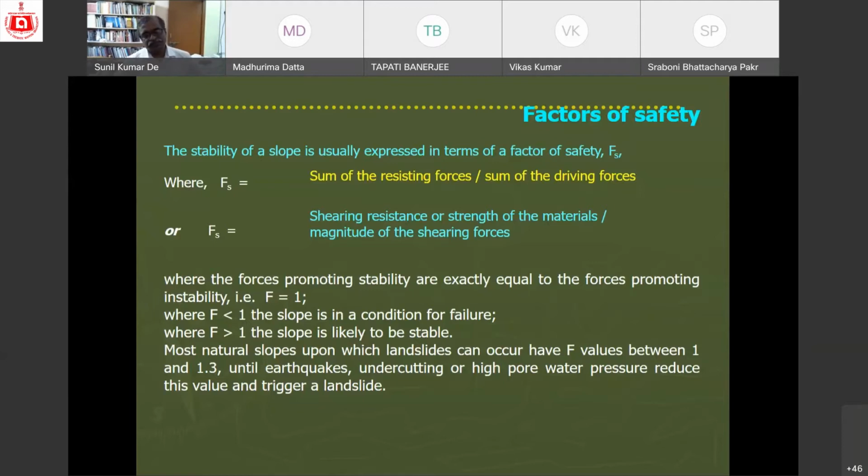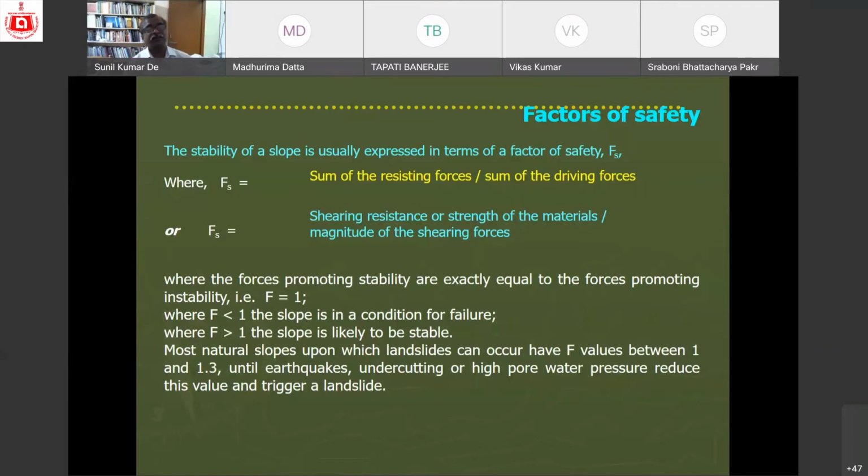Now, as a layman, if I go to a hilly region, how can we find out whether a slope is stable or unstable? We don't have any instrument. If we see that any tree has not grown vertically but is leaning towards the valley, the downside slope, then as a layman we can understand that this slope is vulnerable.